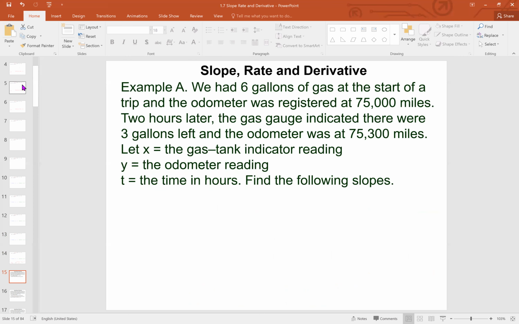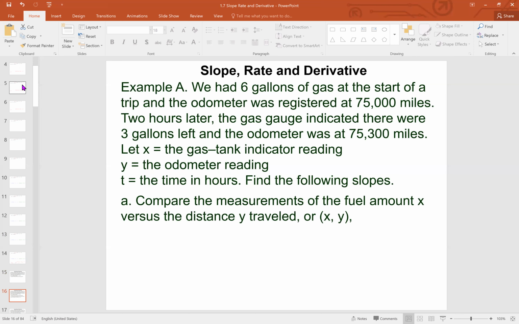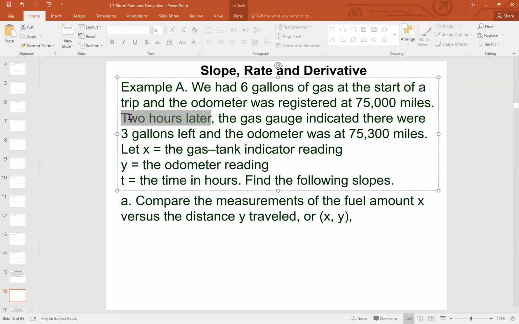Let's talk about some measurements. We have variables here: a gas gauge tells us how much gas is left in the gas tank, the odometer reads the mileage, and there is the time. We travel for 2 hours, that's delta t, where t is time.